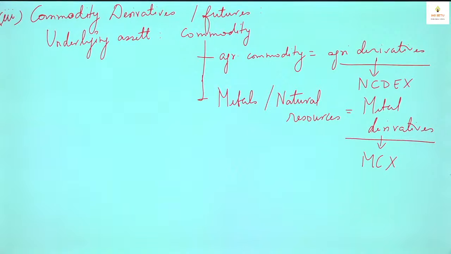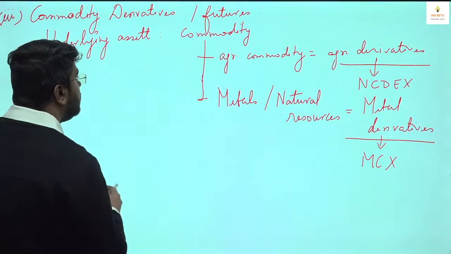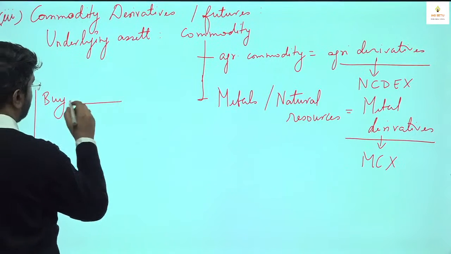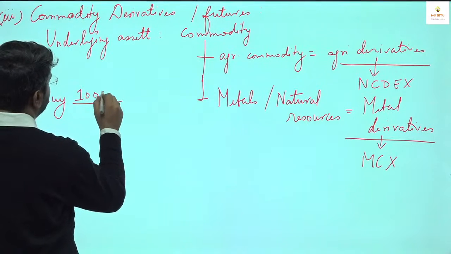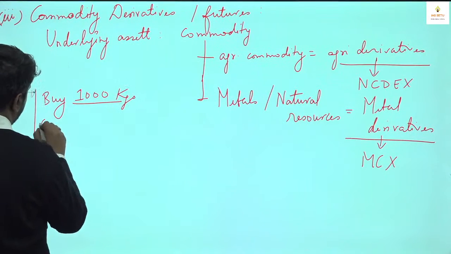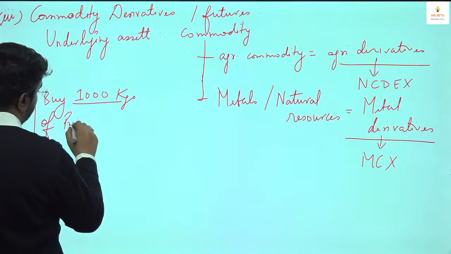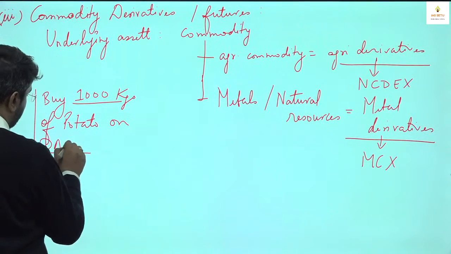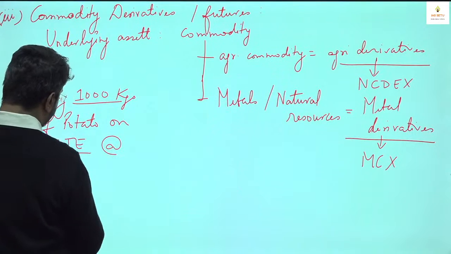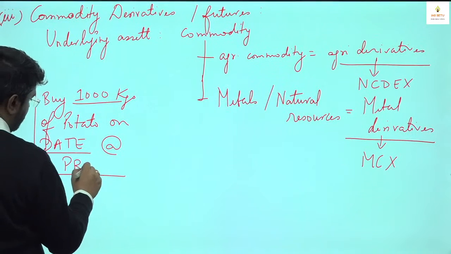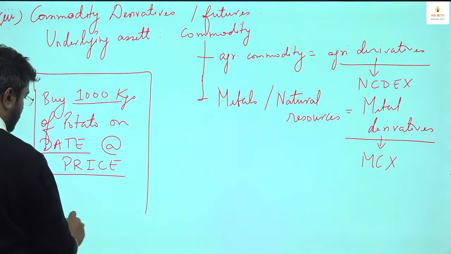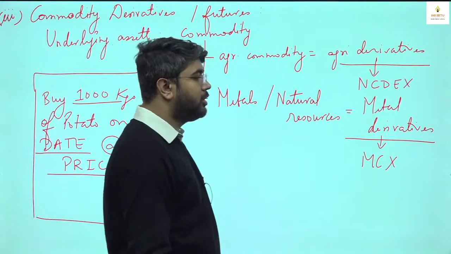Typically, how would a commodity derivative look like? I think I have already drawn this for you. So I say buy, let's say 1000 kgs of, let's say potato on this particular date at this particular price, right? This becomes my commodity derivative.